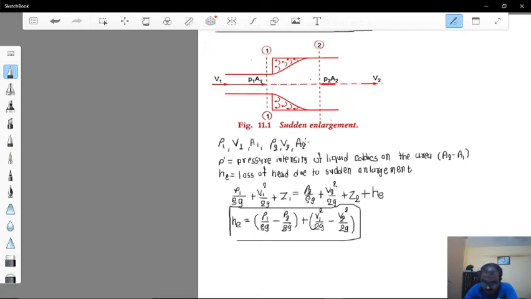So the net force in x direction is given by Fx is equal to P1 A1 plus P prime.